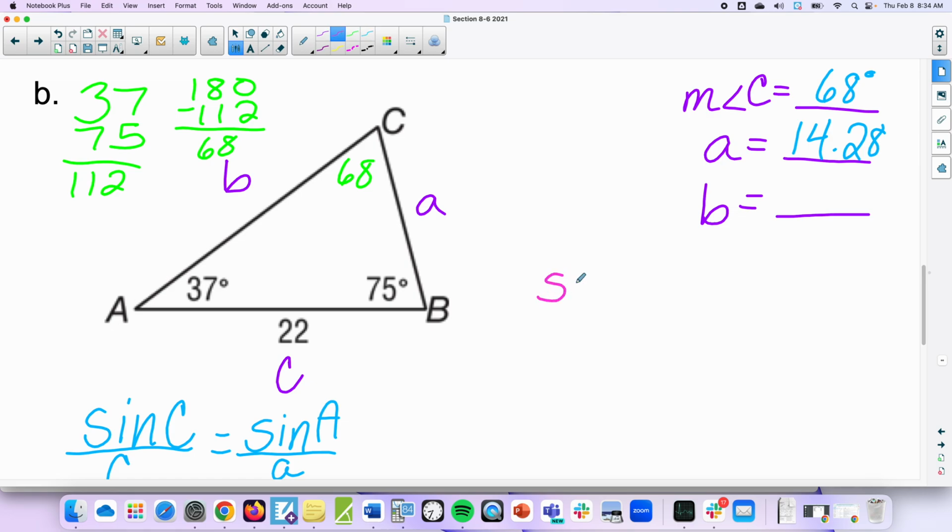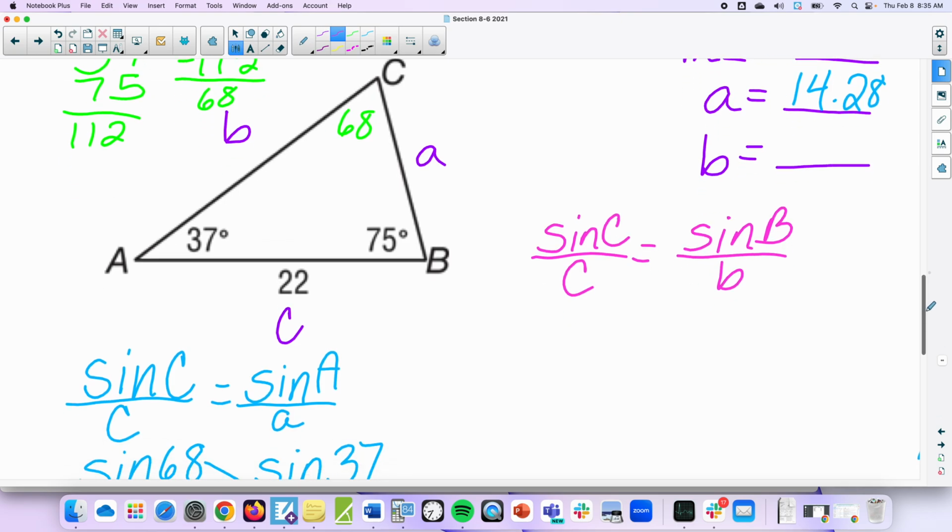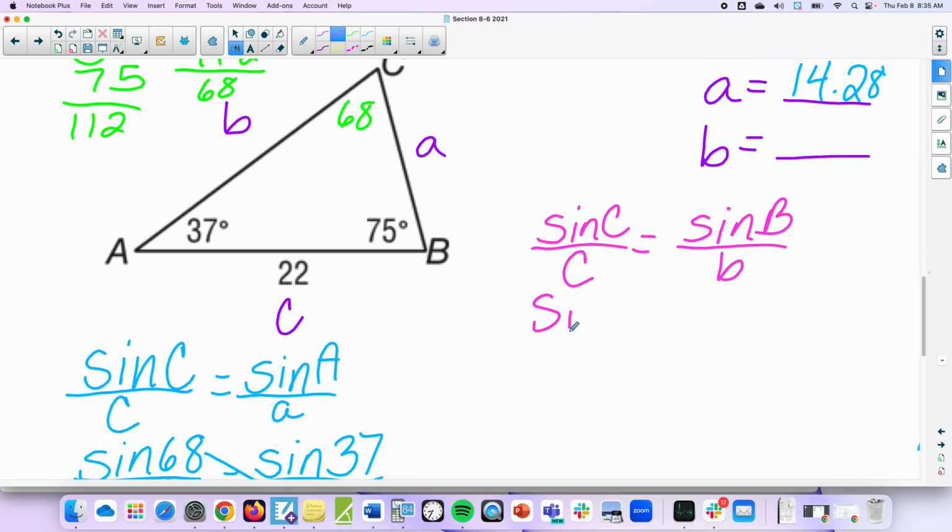So again, I'm gonna go sine of C over little c equals sine of B over little b. So sine of C is sine of 68, little c is 22, sine of B is sine of 75, and little b is b.